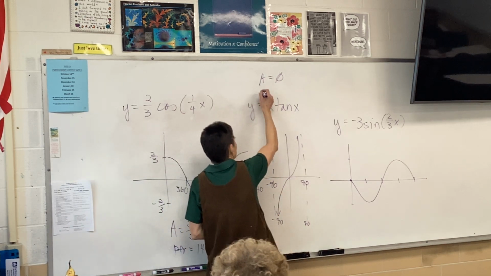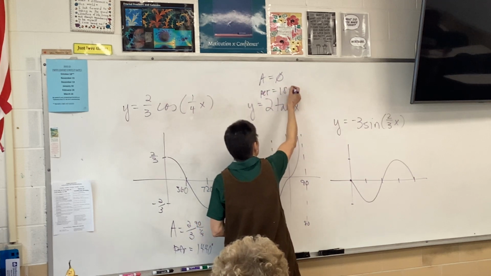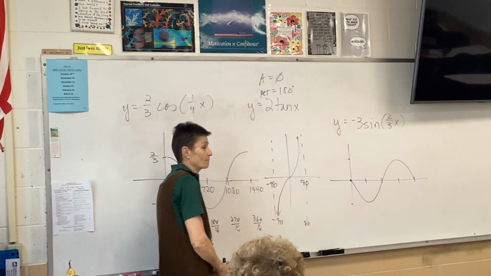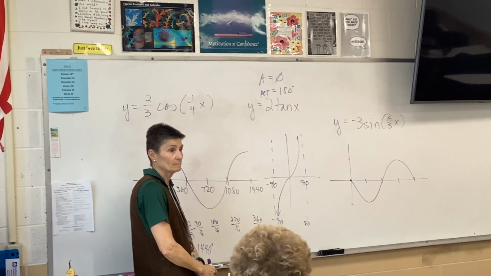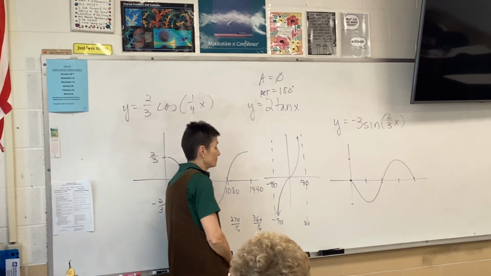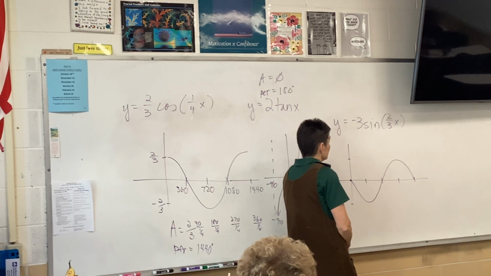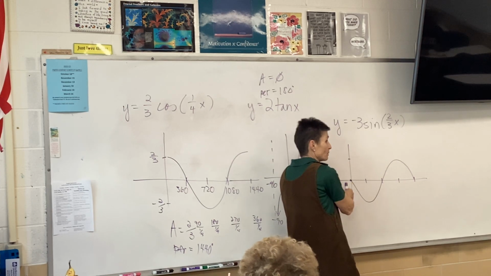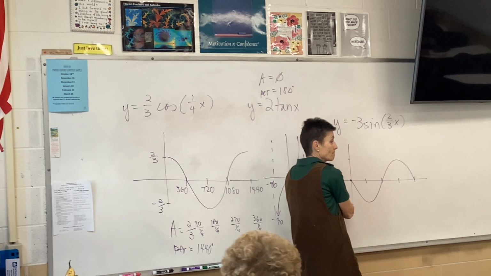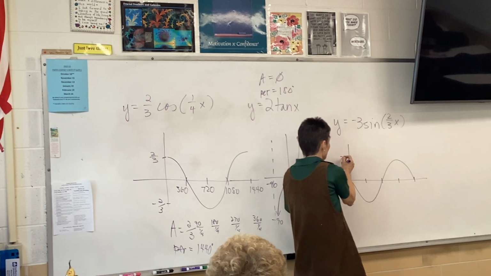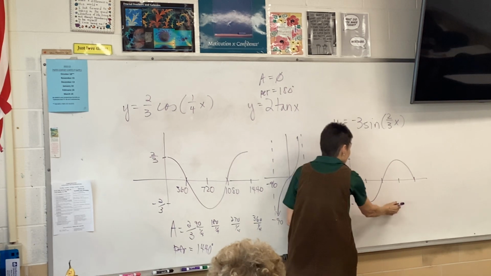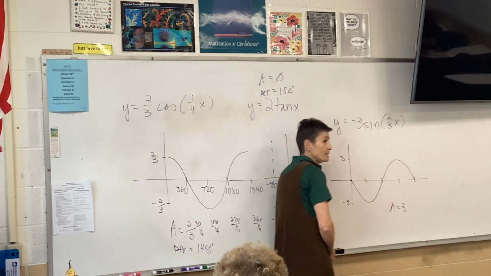So what's my period? 180. What are these labels? 3 and negative 3, because my amplitude is 3.